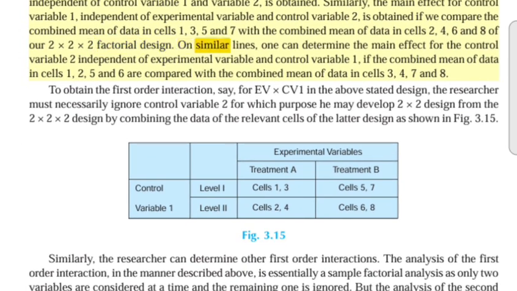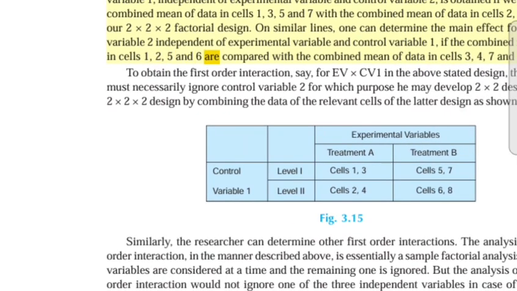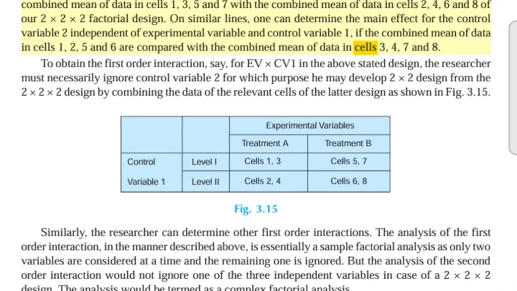On similar lines, one can determine the main effect for the control variable 2, independent of the experimental variable and control variable 1, if the combined mean of data in cells 1, 2, 5 and 6 is compared with the combined mean of data in cells 3, 4, 7 and 8.